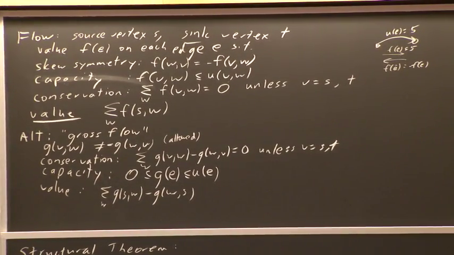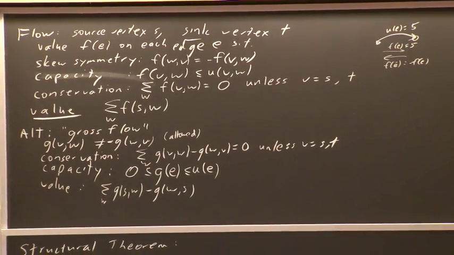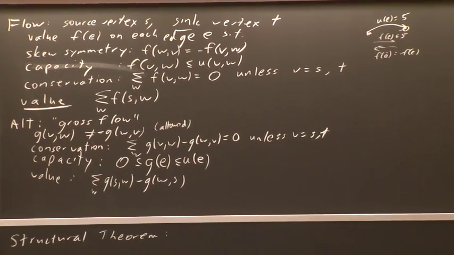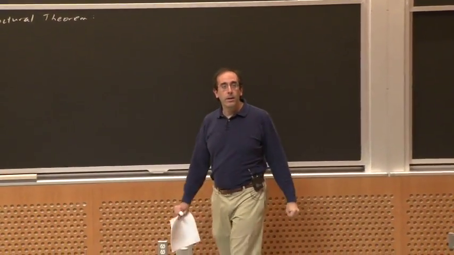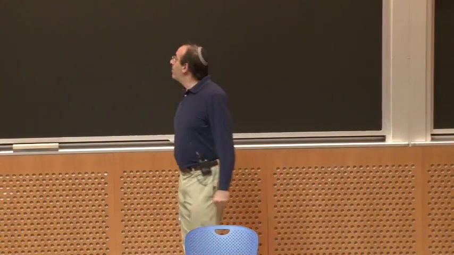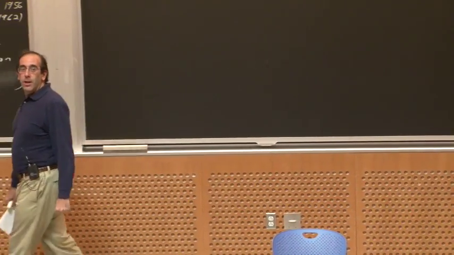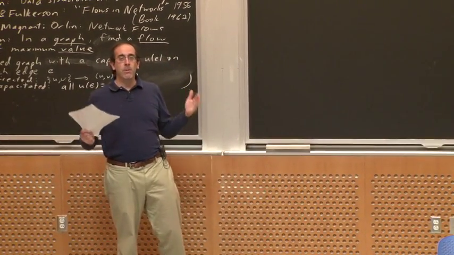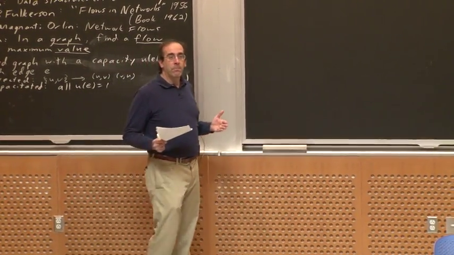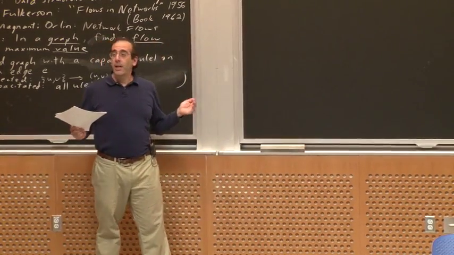What's the next most simple example of a flow? And here I'm thinking pictorially or structurally rather than numerically. Yes? Set f of e equal to the smallest capacity that appears, so set every edge to have a flow equal to the minimum capacity on the network. So that will certainly satisfy the capacity constraints.